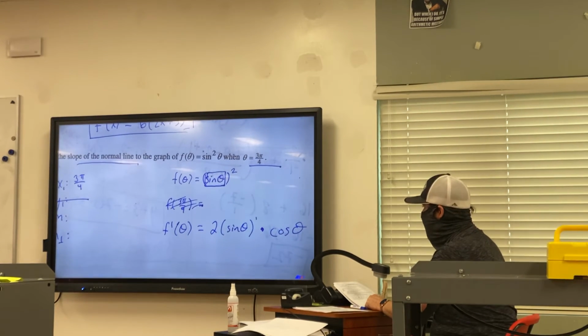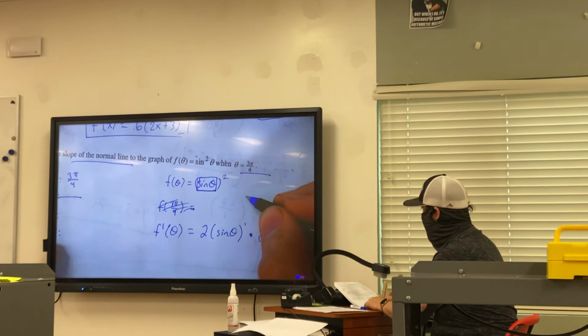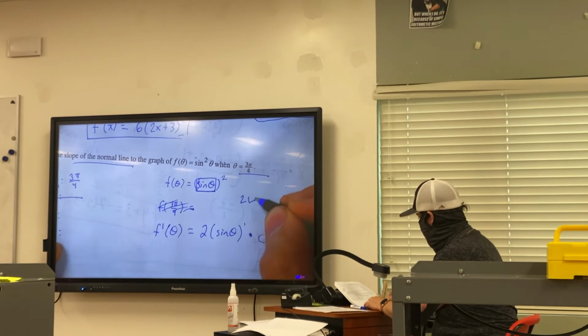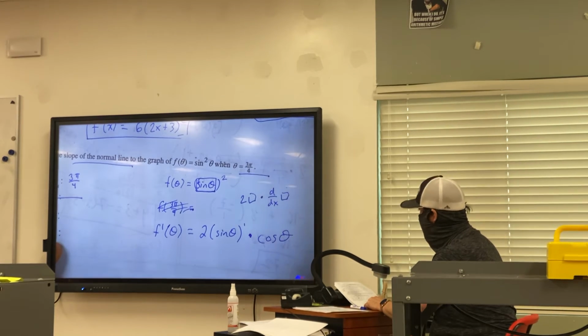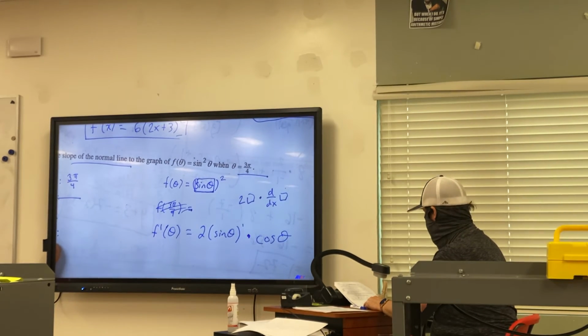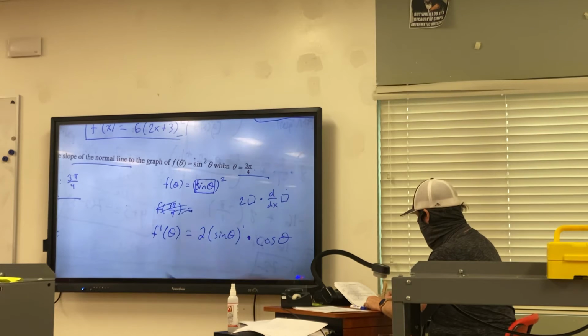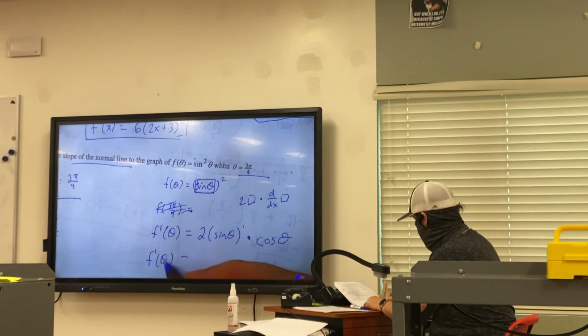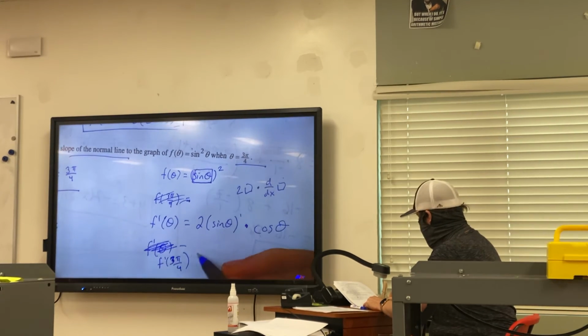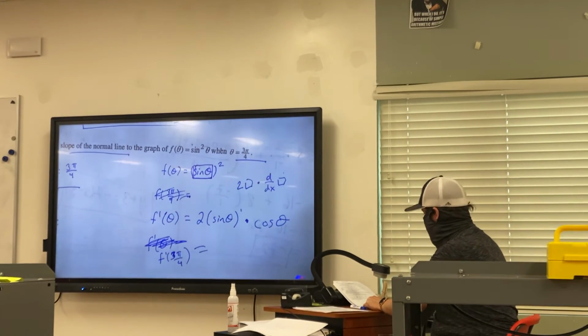If it helps you to write it, you could write off to the side 2 box times d dx of the box. So now I want that derivative for m, at 3 pi over 4. I should have done f prime of 3 pi over 4. So that's how I'm going to get m, plug in 3 pi over 4.